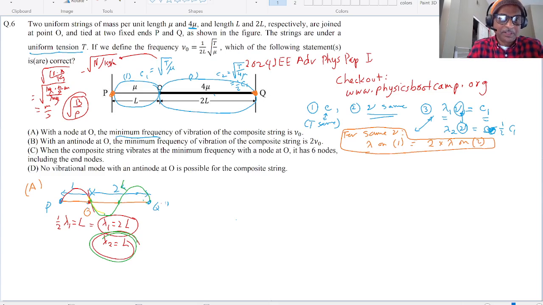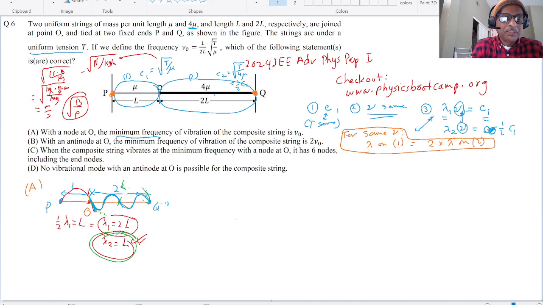So what I would need is to go this way, not the green one. The green one is not right, but this will satisfy, right? The blue one is what I need. So with a node at O, the minimum frequency of vibration will look like this.